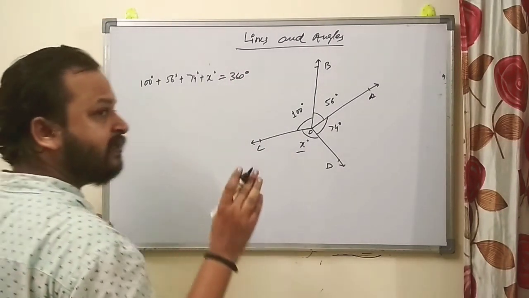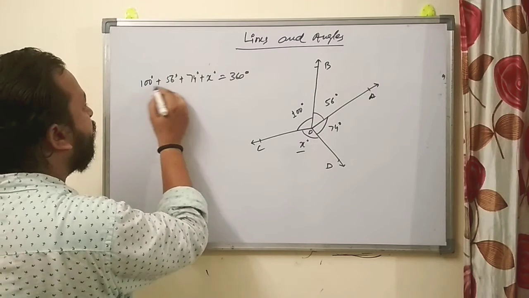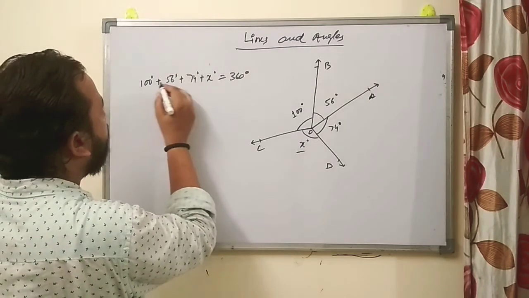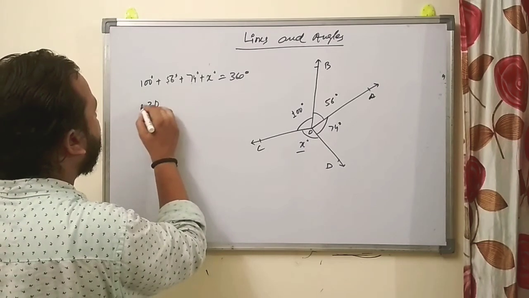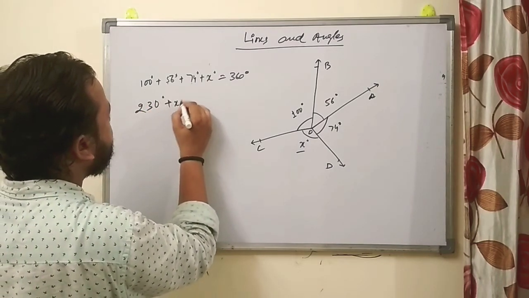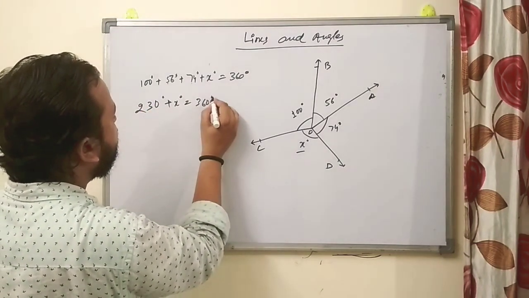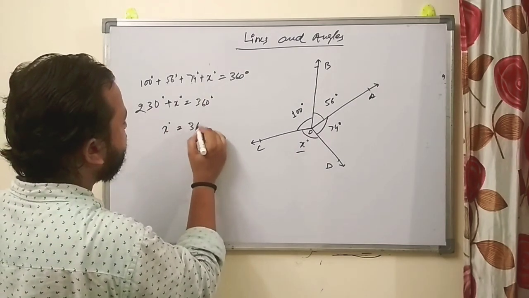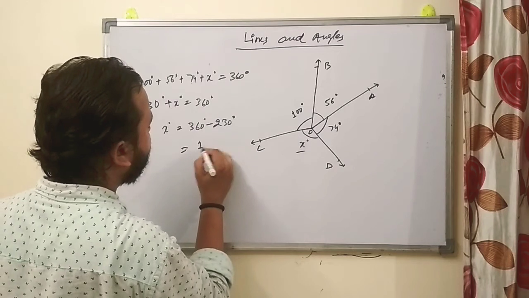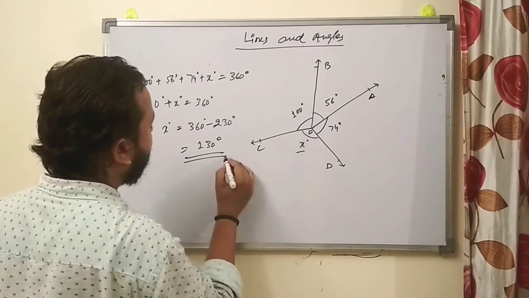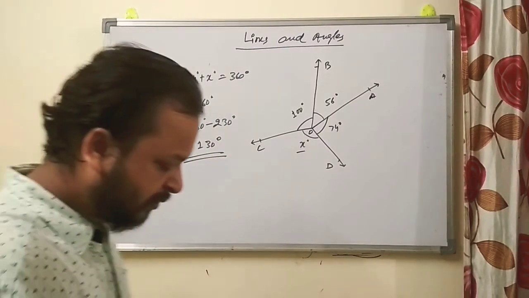They are also known as complete angles. So 6 plus 4 is 10, 0, 7 plus 5 is 12, 1 is 13, 1 and 1 is 2. 230 degrees plus x degrees equals 360 degrees. So x is equal to 360 degrees minus 230 degrees, that equals 130 degrees, and that is the answer.